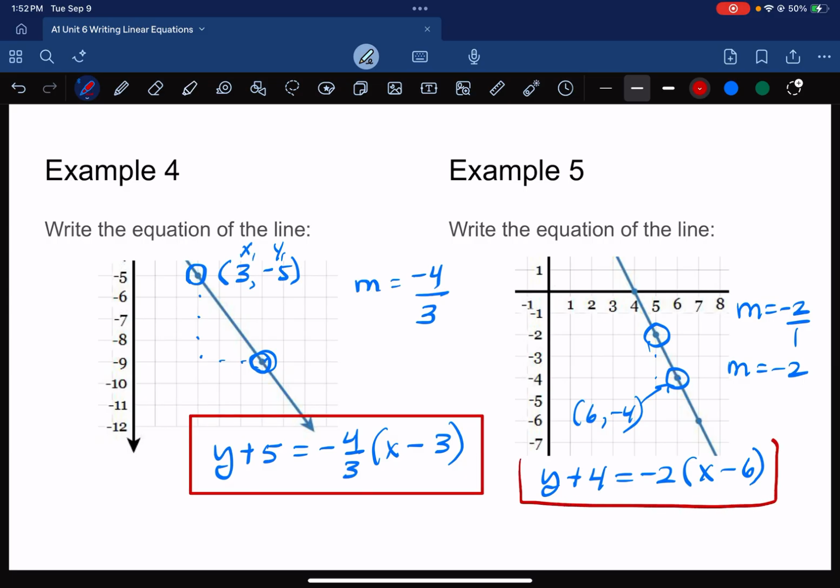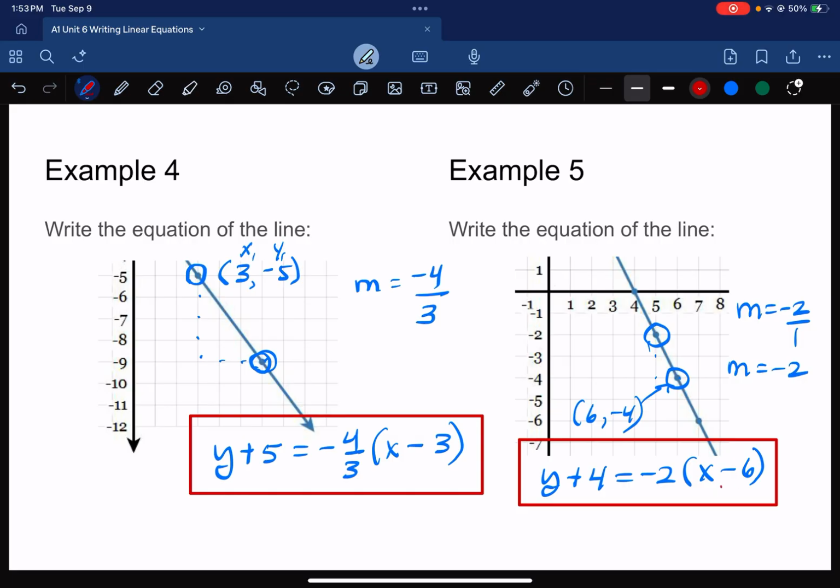So some of you might push back on me a little bit and say, if I had chosen a different point, my numbers wouldn't match your numbers. But what is the same is if you were to put this in standard form, the standard forms would end up being exactly the same.